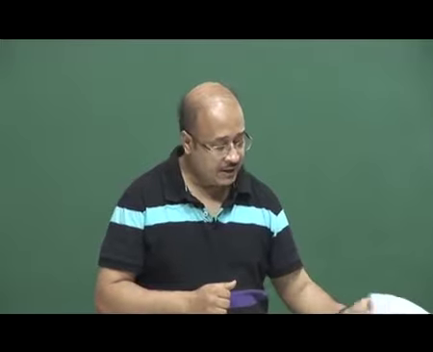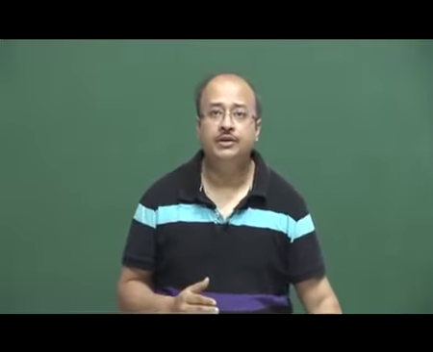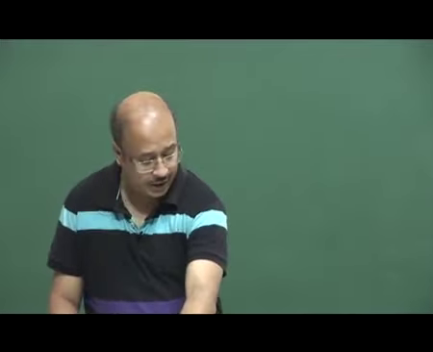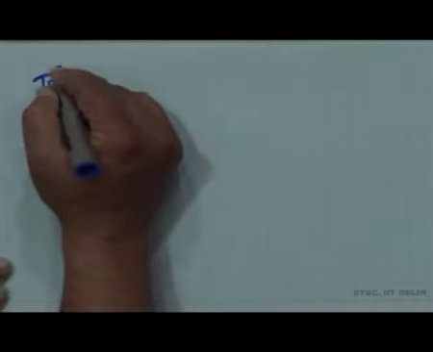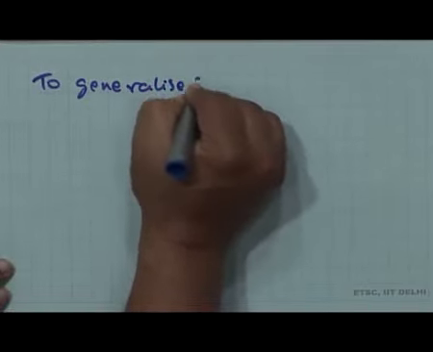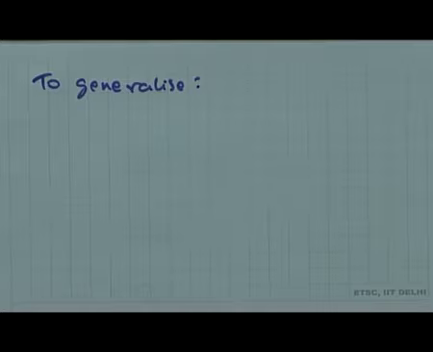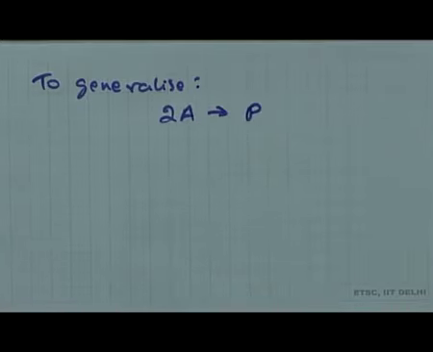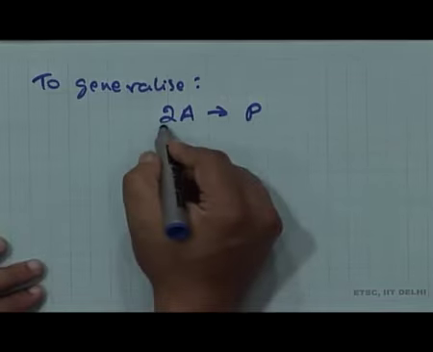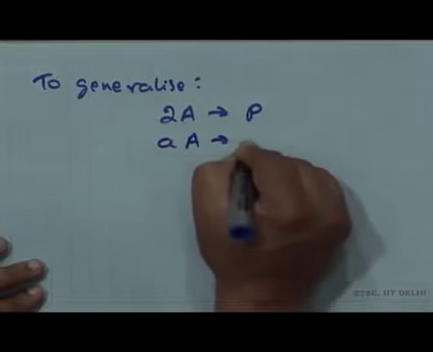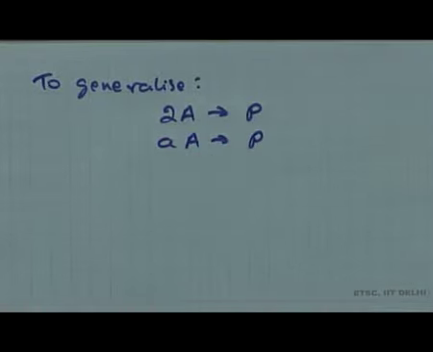Thus I can generalize it, so that it is easy for you to remember or easy for you to apply. So, to generalize, if for any reaction I have say 2A going to products, or this was for N2O5, I can say aA going to products, where a is the stoichiometric coefficient.